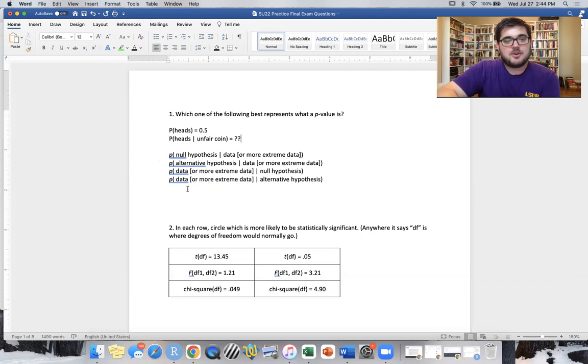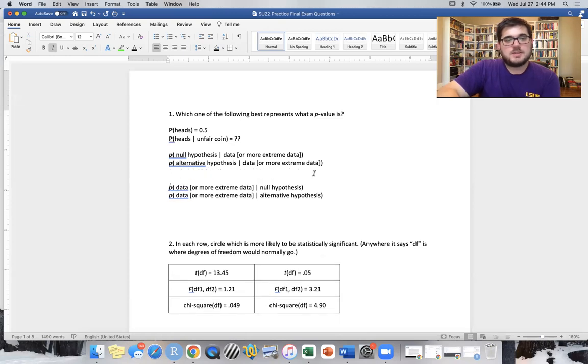And let me say it verbally and see if you can spot which one is the correct one. A p-value is the probability of observing the data that you did or data that's more extreme when you assume the null hypothesis is true. Okay, so we already know it's got to be one of these bottom ones because it's not the probability of the alternative hypothesis, it's not the probability of the null hypothesis.